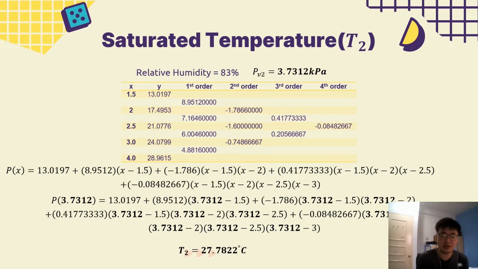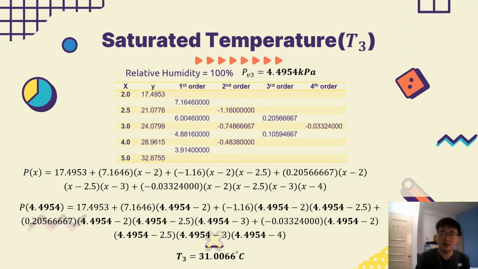Then we continue and get the full formula. Next, we find the saturated temperature when PV is equal to 3.7312, right? So we substitute 3.7312 into x. After calculating, we get T2 is 27.7822 degrees Celsius.